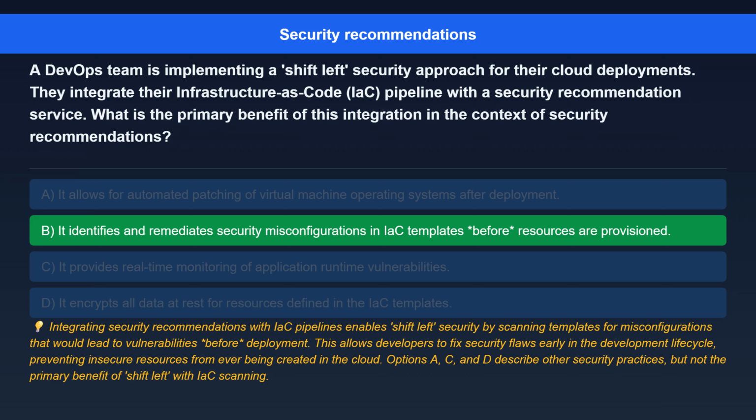This allows developers to fix security flaws early in the development lifecycle, preventing insecure resources from ever being created in the cloud. Options A, C, and D describe other security practices, but not the primary benefit of shift-left with IaC scanning.